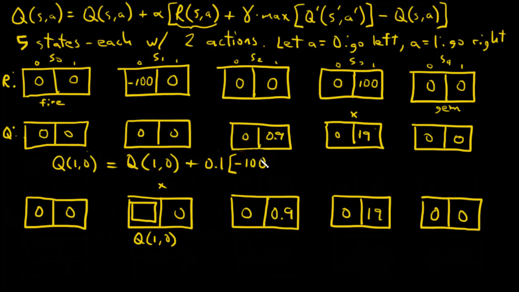So negative 100 plus 0.9 times, where we're heading, what is the maximum Q value? Well, that is a 0. And then minus the previous value. So this is going to be negative 100 plus 0 minus 0 is negative 100 times 0.1 is negative 10. So the original value, 0 plus negative 10 is negative 10.